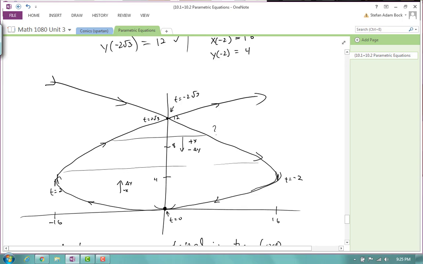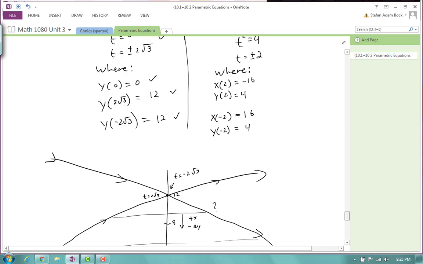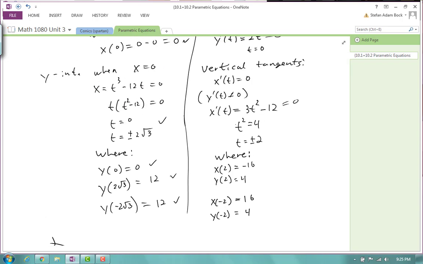The x and y bounds might be easy to determine, but the t bounds are the ones that matter. And don't forget, when you're trying to graph these things, if you solve for a t value, that's not the point you're plotting. You need to plug that t value back into the parametric equations to get the associated x and y coordinates before you plot them.